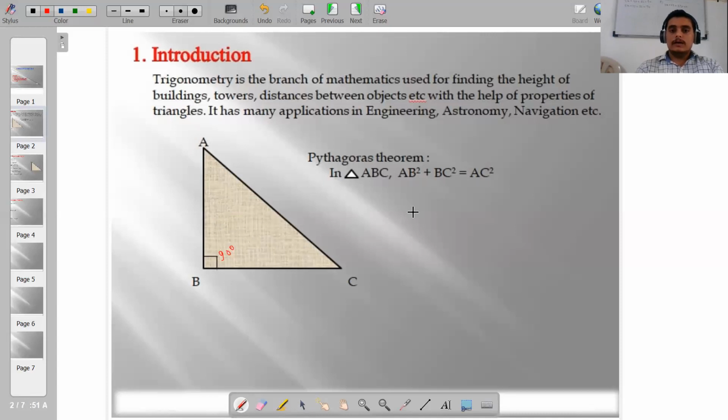Along with the Pythagoras theorem, we have two important theorems, known as the 30, 60, 90 degree theorem, which is useful for determining the values of trigonometric ratios, and one more for 45, 45, 90 degrees.